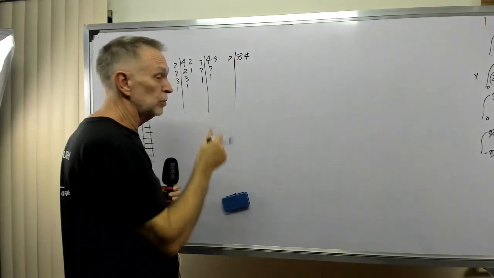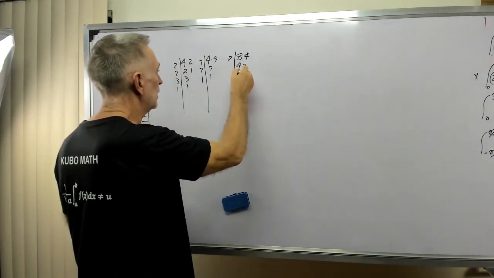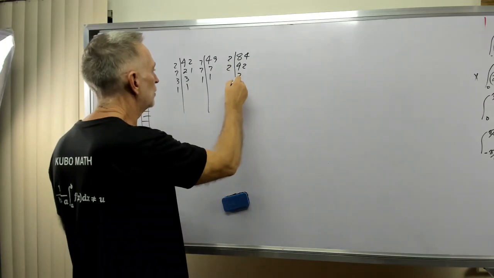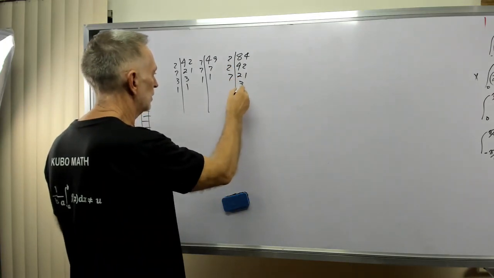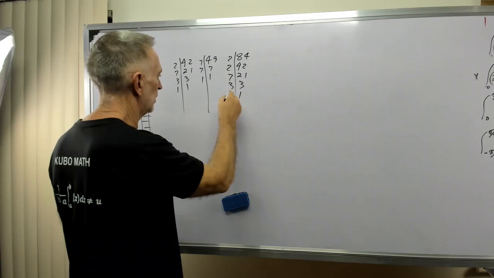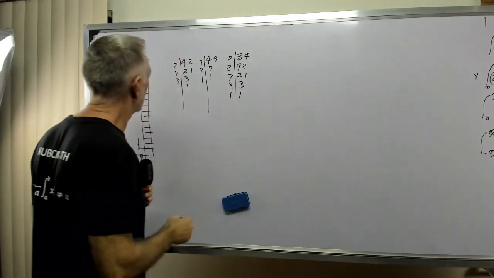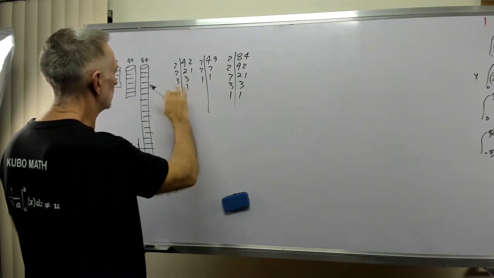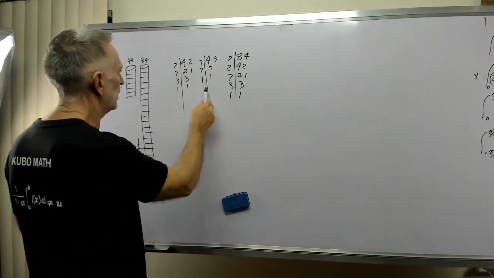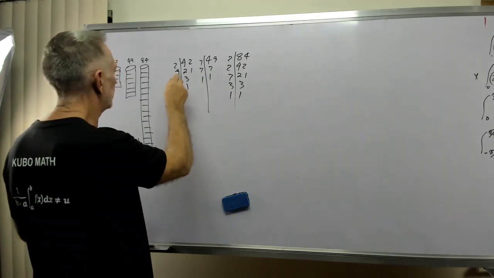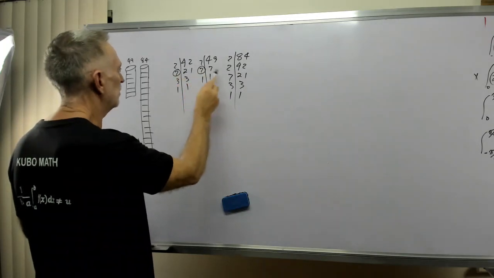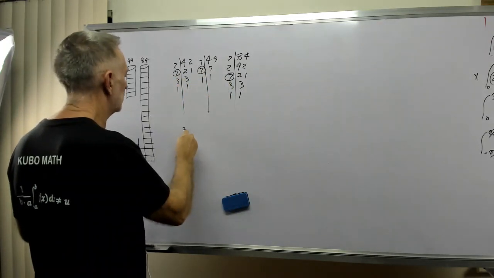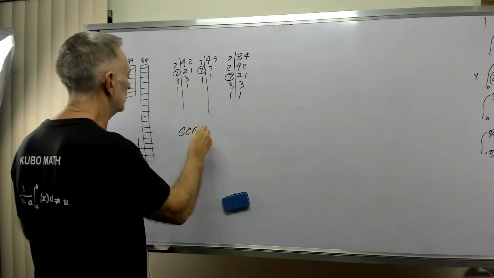I can put a 2 into it. So it'd be 42. 2 into that would be 21. 7 would go into that 3 times. 3 into 3, 1. Bring that over. Well, there's no 2 in this column, so the 2's are out. There's no 3 in that column, so the 3's are out. There's a 7, and a 7.